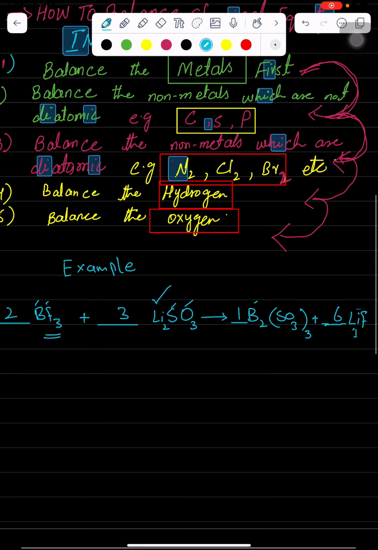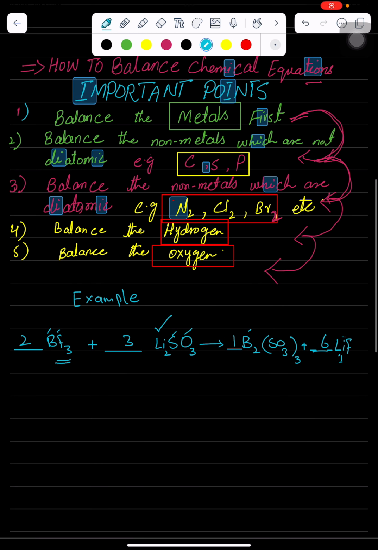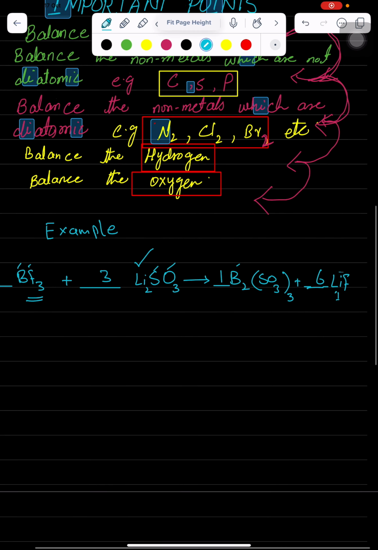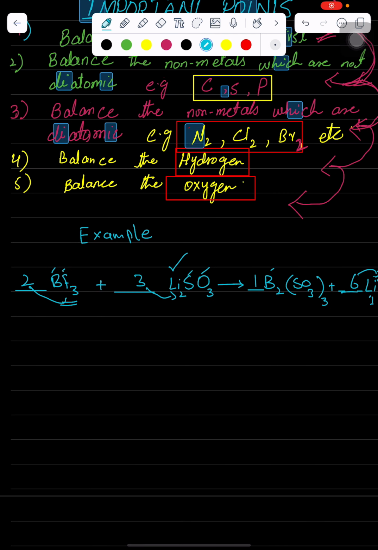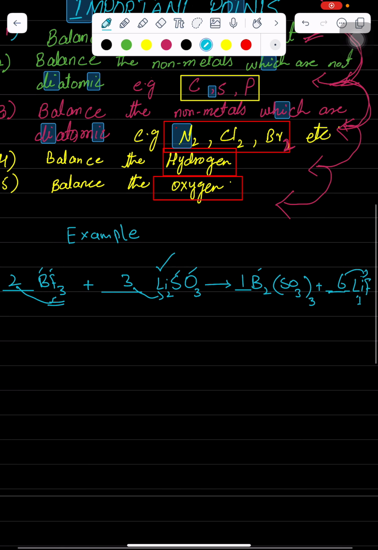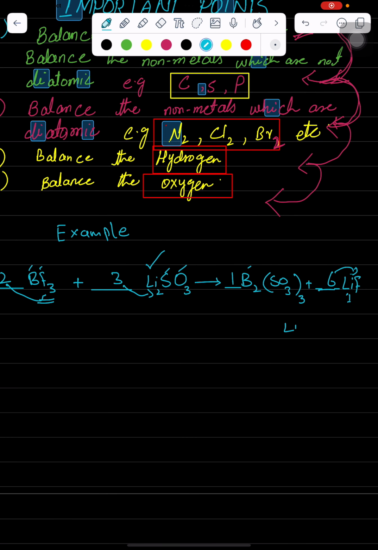I balanced it by following these steps. These are the key rules and important points you need to learn to balance a chemical equation. Here I have 6 lithium, and here I have 6 lithium, 3 into 2. Here I have 6 fluorine, and here 6 fluorine. Now our lithium and F are balanced.